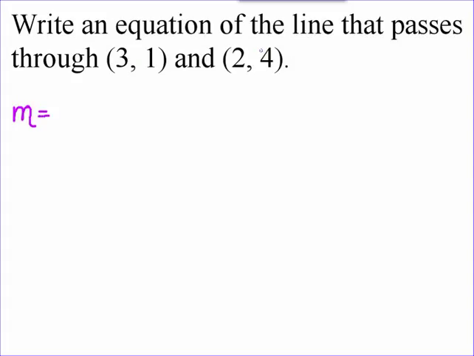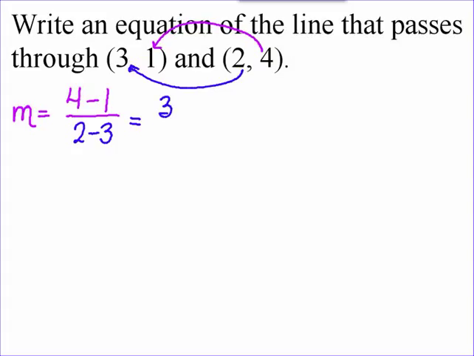So I'm going to take 4 minus 1 over 2 minus 3. What's 4 minus 1? 3. 2 minus 3 is negative 1. So my slope is negative 3.